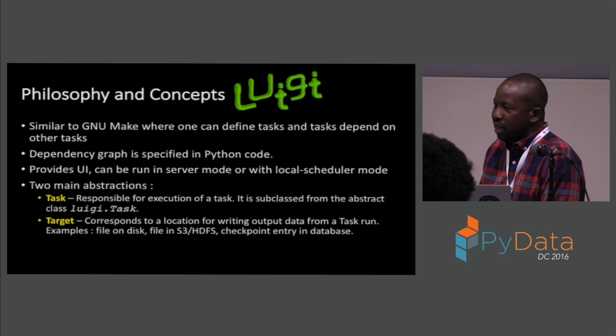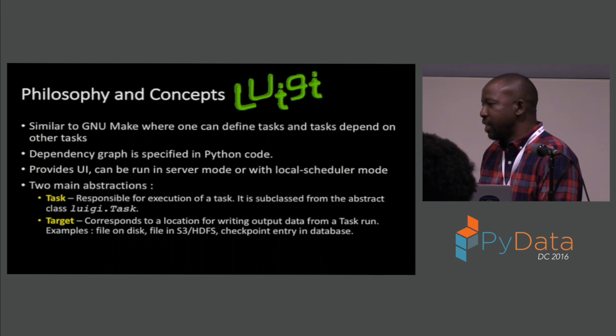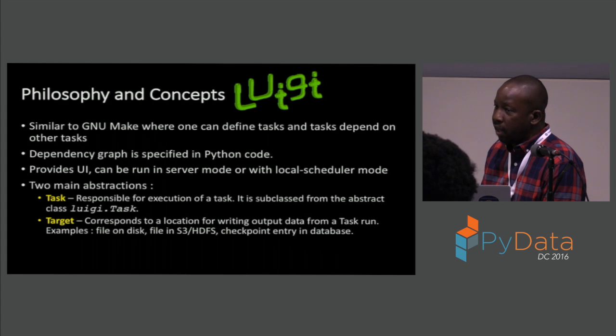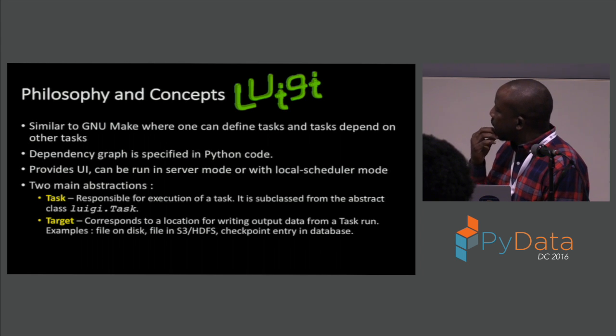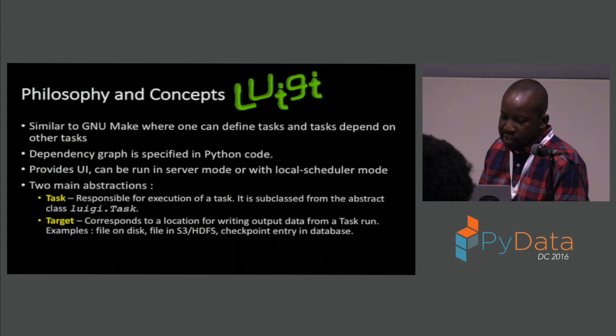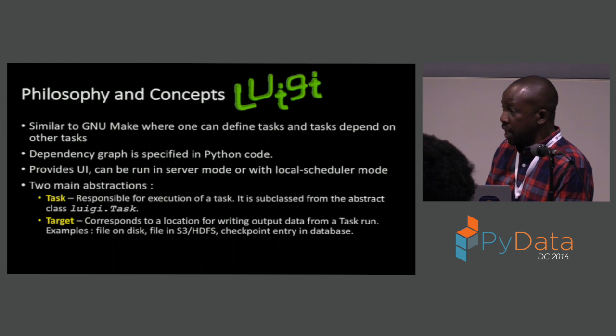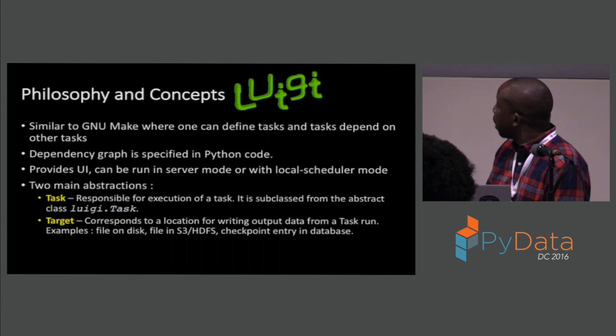There are other tools like Oozie where you'd use a ton of XML config files, and XML is not really popular anymore. It also provides a UI, and it can be run in a server mode. There's a daemon called luigid, or you could run it in local scheduler mode.